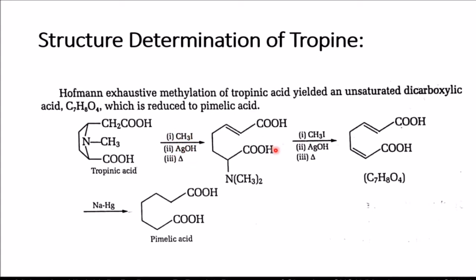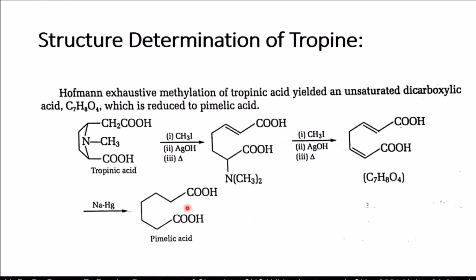On heating, we're going to get a ring opening reaction. The dicarboxylic acid is obtained. On reduction with sodium amalgam it gives pimelic acid, and with the ring opening reaction we can remove the nitrogen part from the tropinic acid, giving pimelic acid.